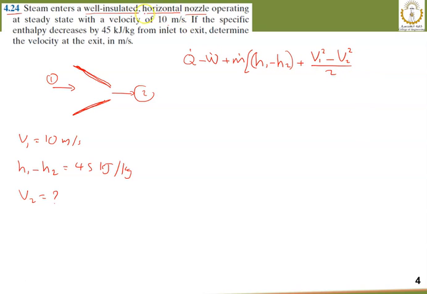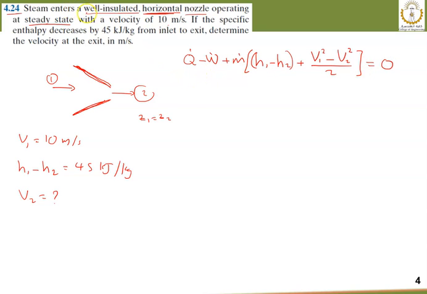And we are told here it's a horizontal nozzle, so Z1 equals Z2, therefore no change in the potential energy. And we are told it's steady state, so dE/dt is 0.